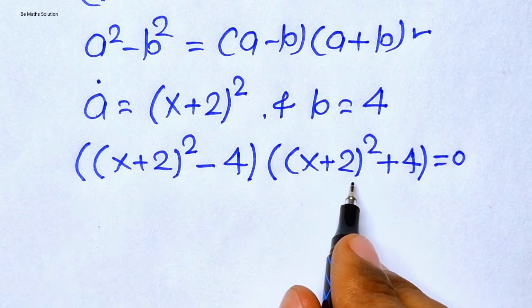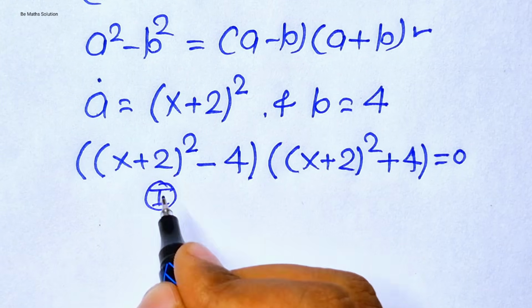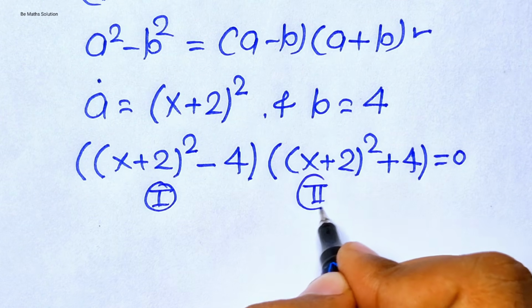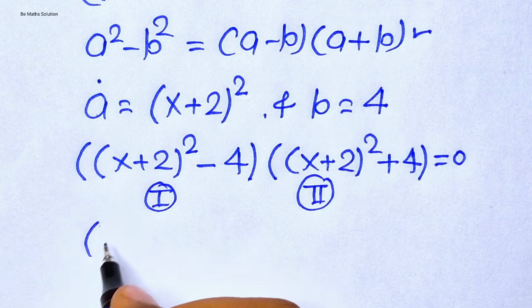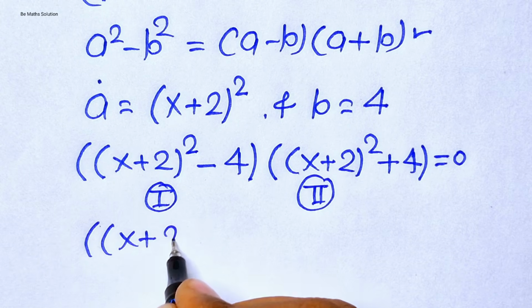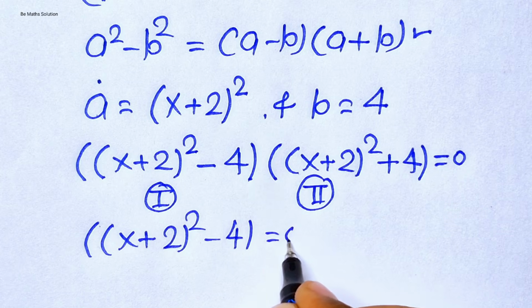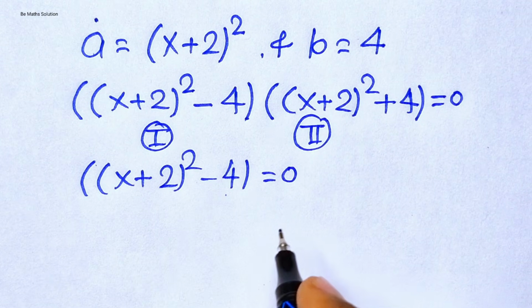Now from here we have two solutions. This is the first solution of this equation and then the second solution of this equation. So the first solution: (x + 2)^2 - 4 = 0. To solve the first solution, we take 4 to the right side.